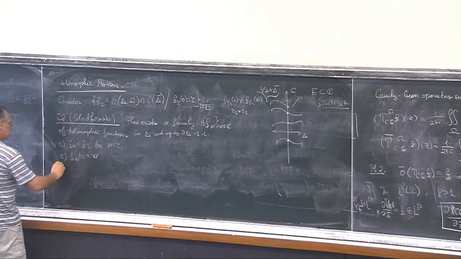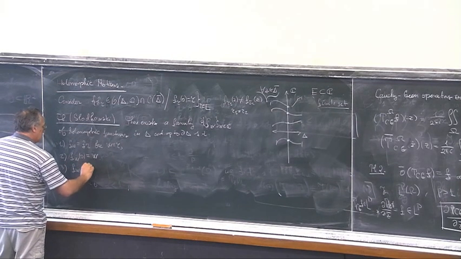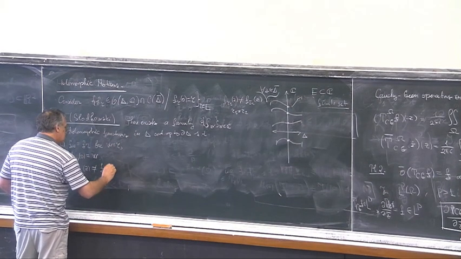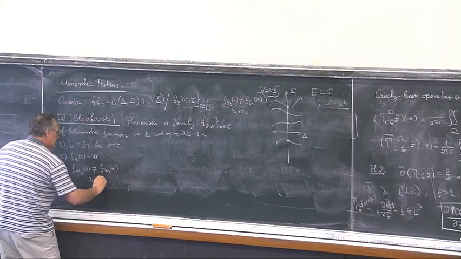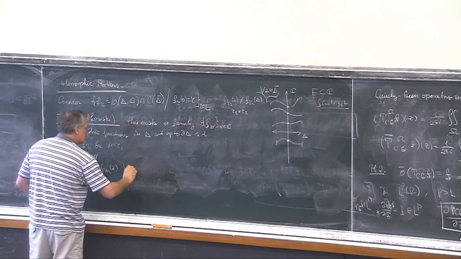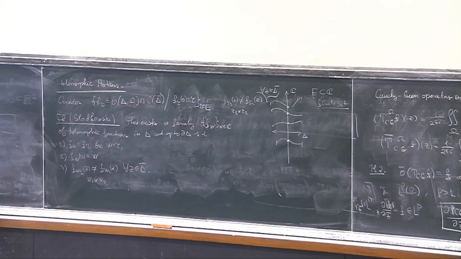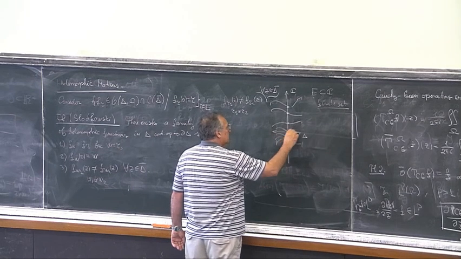And third, f omega 1 of z is not equal to f omega 2 of z whenever omega 1 is different from omega 2, for all z in the disk. So you can extend this motion.